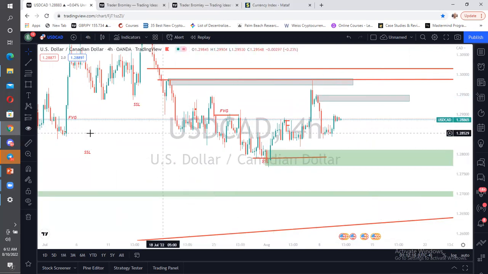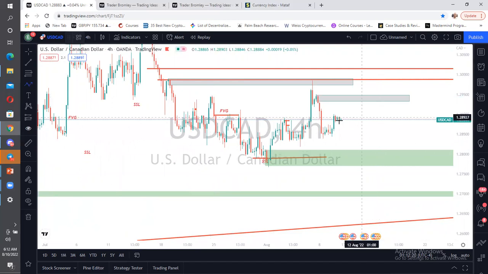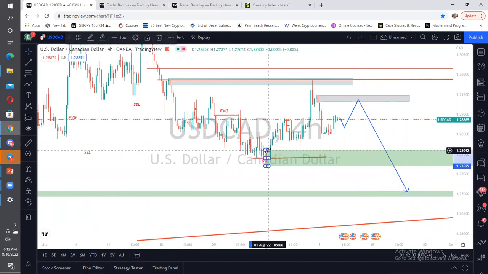So personally, I will be looking at seeing this happen. A little trade into this fair value gap, all right, then push up to this level, then push down. This is still what I'm expecting from this pair.